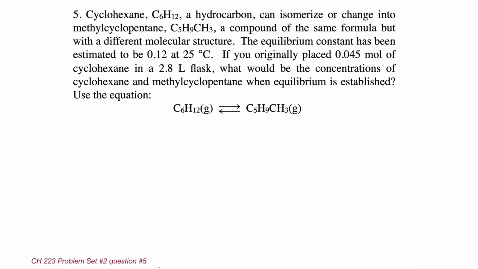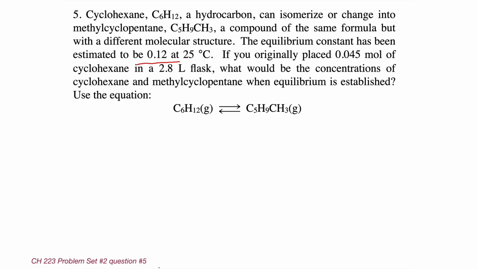Cyclohexane is a hydrocarbon, a compound with carbon and hydrogen, and it isomerizes, which means changes form, into methyl cyclopentane, which is very similar. And we find here that the equilibrium constant is 0.12 at 25 Celsius.